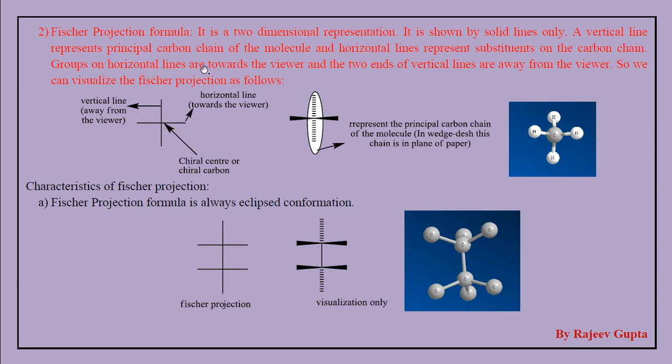Groups on horizontal lines are towards the viewer, and the two ends of the vertical line are away from the viewer. So we can visualize the Fischer projection as follows. This vertical line, the principal chain, will be away from the viewer.